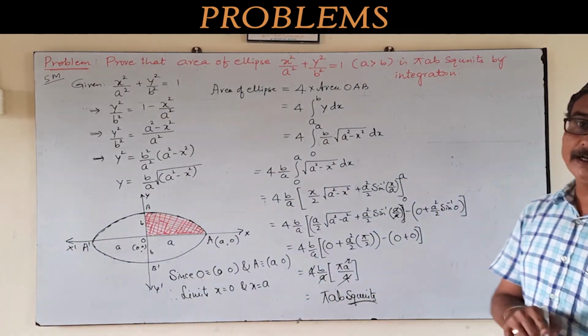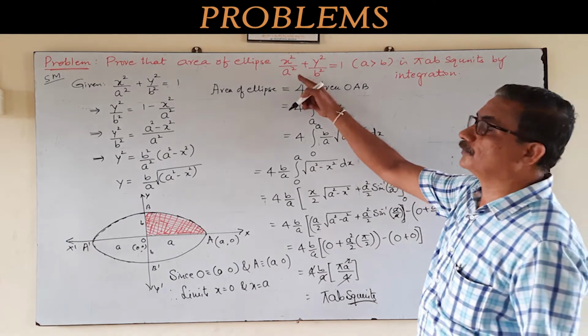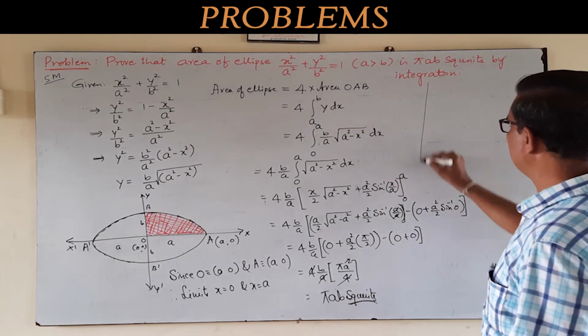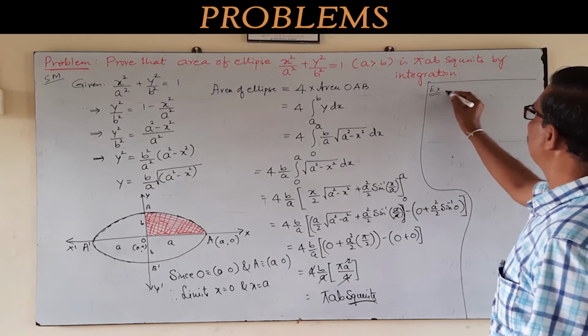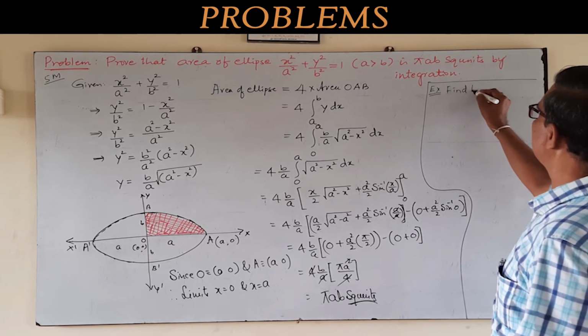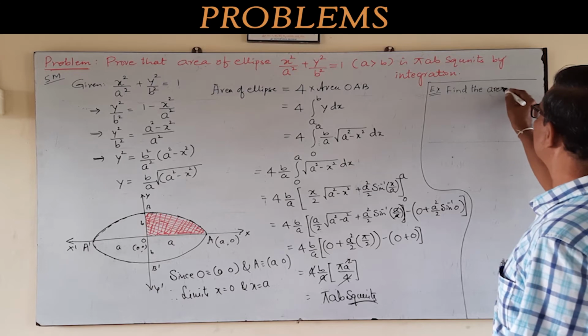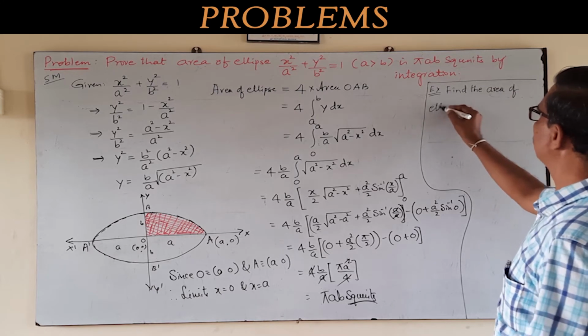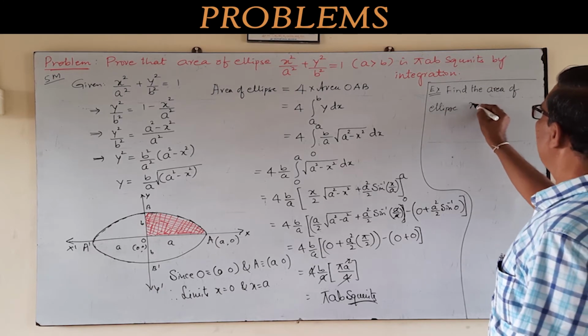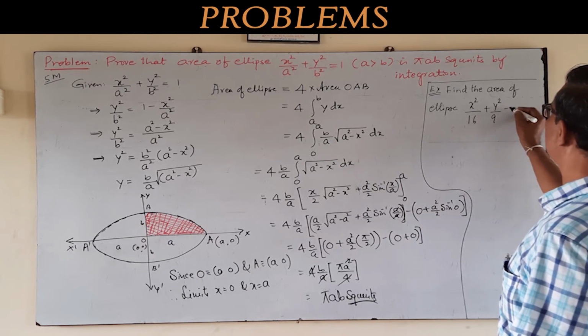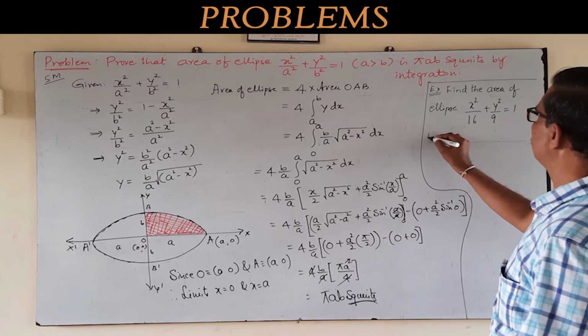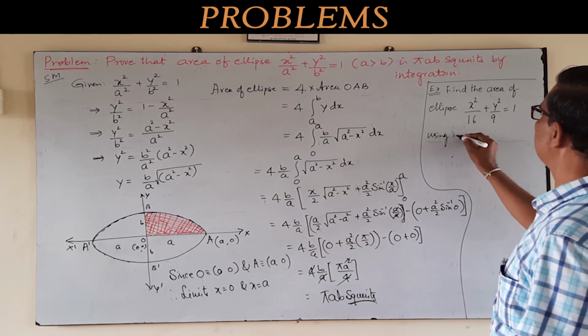Suppose in the annual exam they will ask like this, instead of the general form. Now the question is like this. Suppose again a 5-mark question. Find the area of the ellipse x square by 16 plus y square by 9 is equal to 1 using integration.